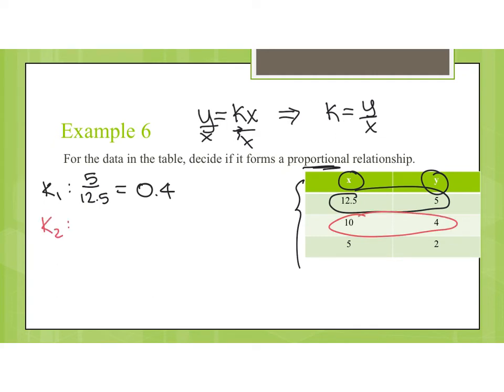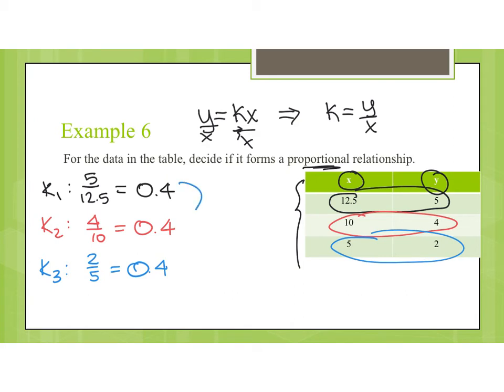So this will be K2, and here I have 4 divided by 10, which is also 0.4. And then for my third set of data right here, I'm going to call this K3. I have 2 divided by 5, which is also 0.4. So because all 3 of these k values are the same, then we're going to say yes, it's proportional.